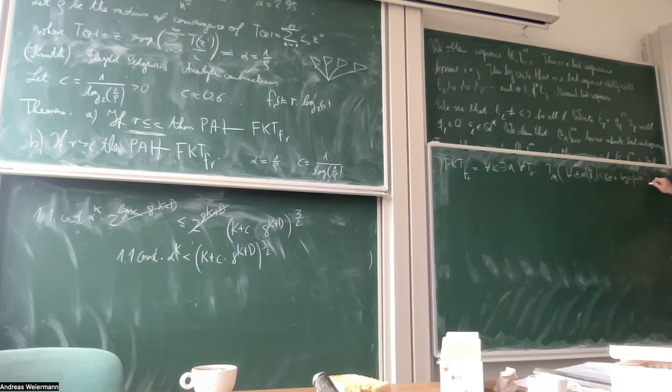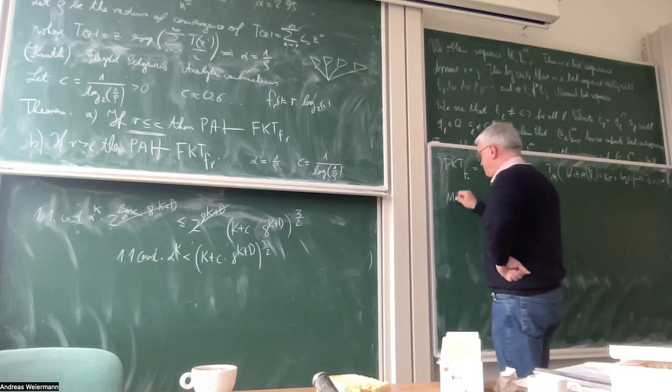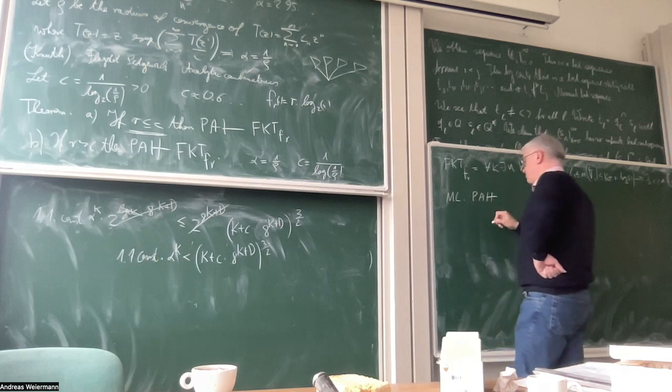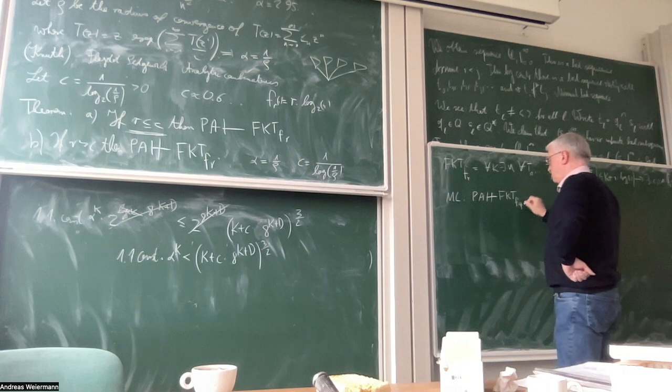Then there is this I in J of m, so K plus I is better than that. And Matuszek-Löbel showed PA does not prove FKT as number 4.